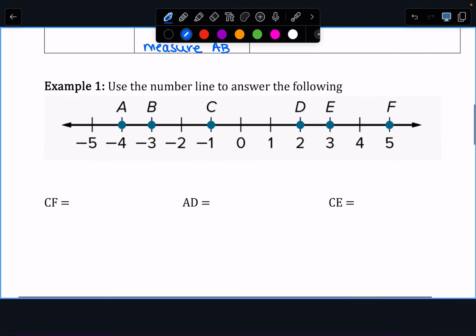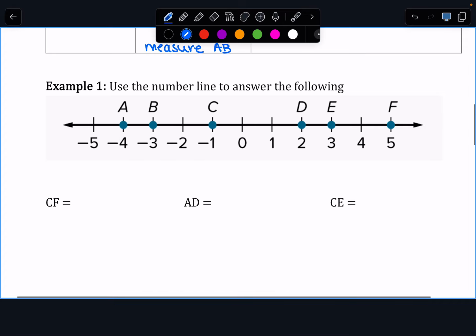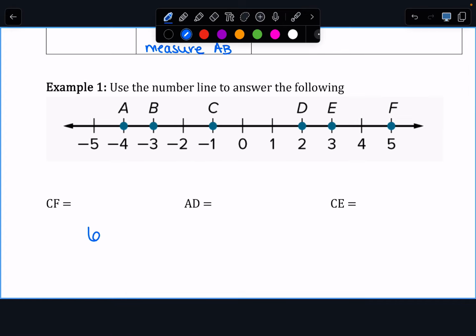We can count, right? What is the length of segment CF? If somebody was confused about how you got that, besides counting 1, 2, 3, 4, 5, 6, how else could you get that measurement?